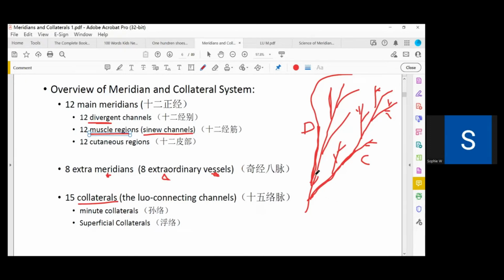So this is just one of the 12 main meridians. There's another one, and another one.